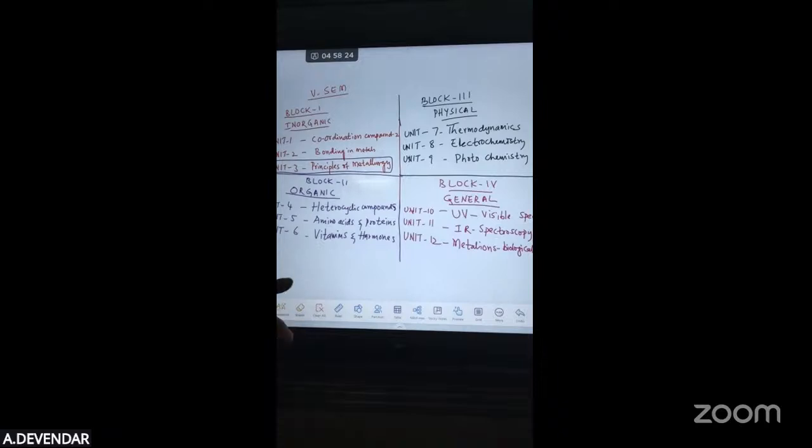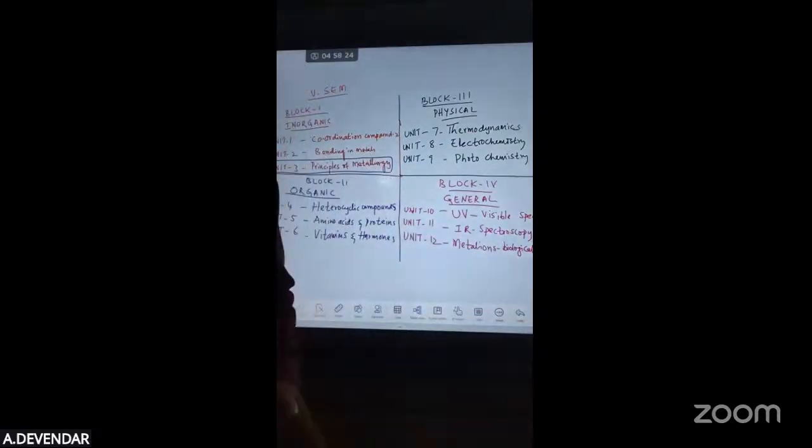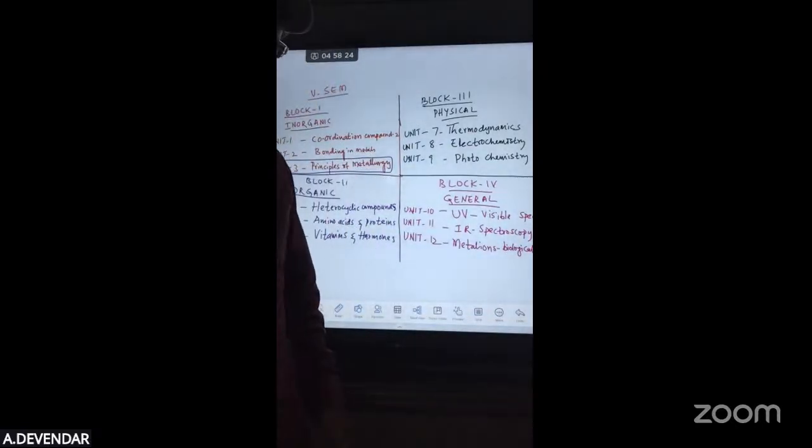That means furan, pyrrole, thiophene. These are the three compounds in the heterocyclic compounds. These are 5-membered heterocyclics, not 6-membered. The 6-membered heterocyclic compound is pyridine, that will be there. So you may learn this. This is also a very easy chapter to understand and practice. You will get good marks.